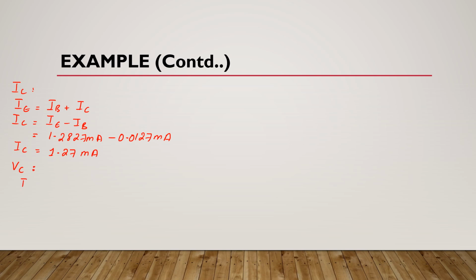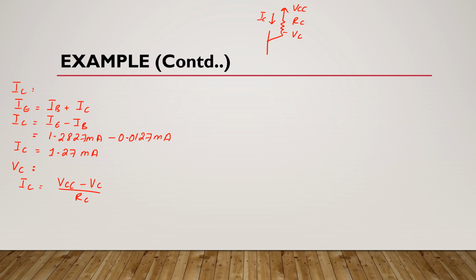We'll use this equation: IC is equal to VCC minus VC divided by RC, because we know that the collector terminal is like this, where VCC is at higher potential and here we have VC, here is RC, and this is the direction of collector current.